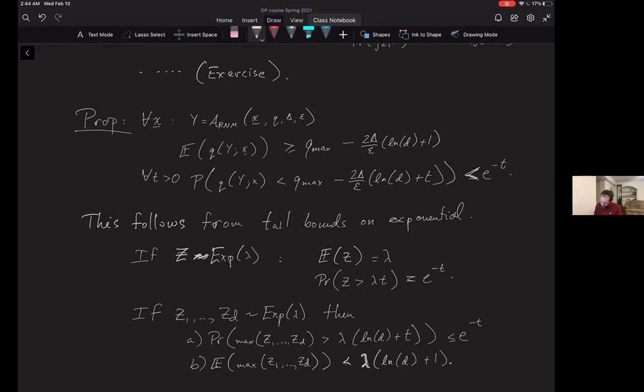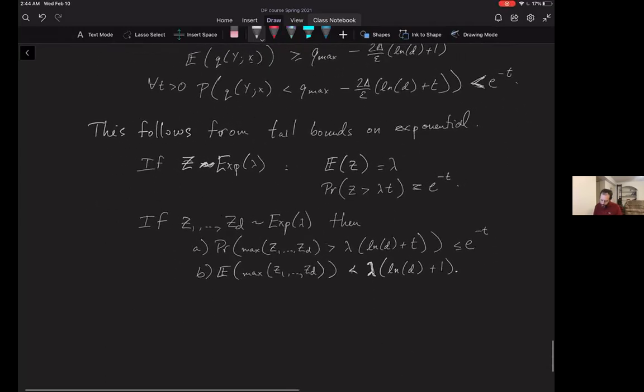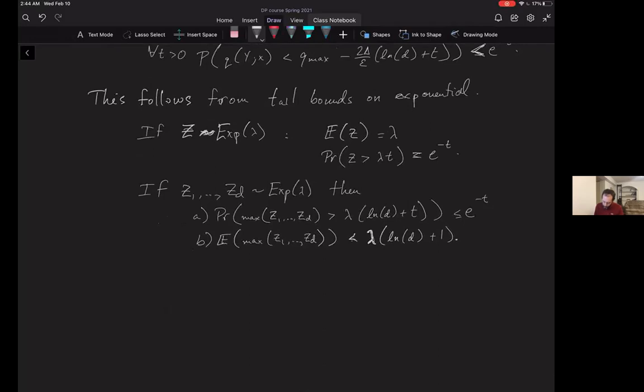You could figure out something tighter than plus 1 there, but that requires a little more work than we're going to feel like doing. Okay, so I'm not going to prove this first bound. These are just standard properties of the exponential distribution. You can look it up on Wikipedia.